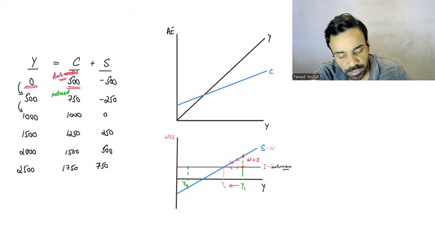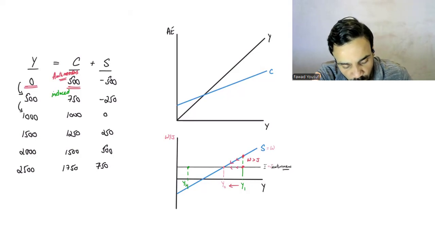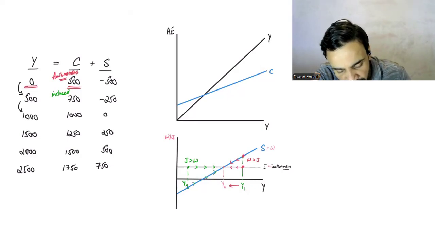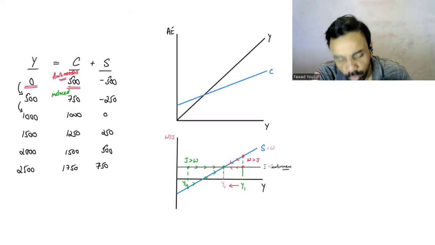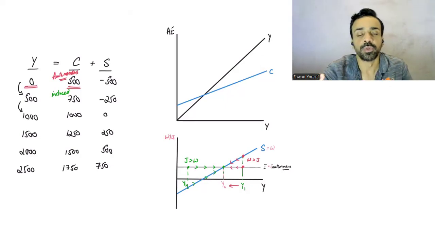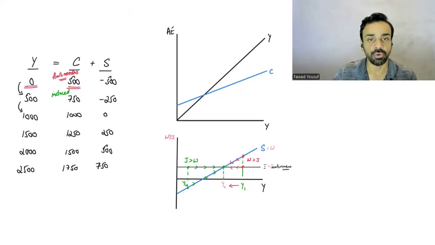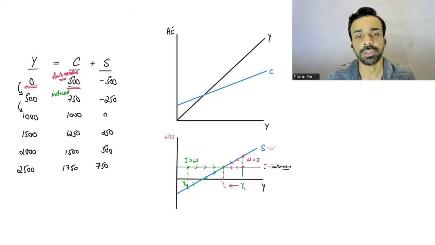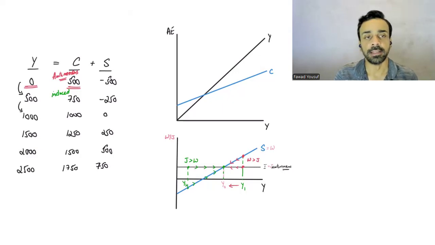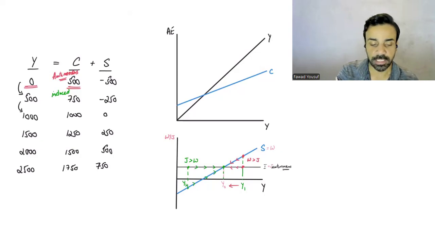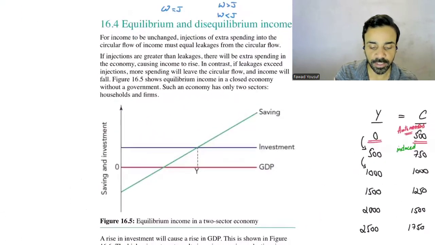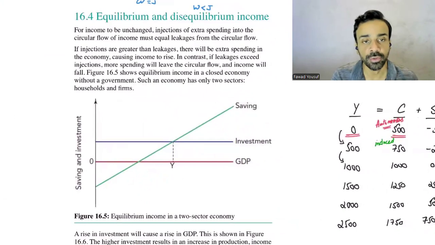On the other hand, when you are at Y2, the injections are greater than withdrawals, so the economy starts to expand until we reach the equilibrium level. So this is how the economy maneuvers around and takes you to the equilibrium, and that's what the disequilibrium is. This is what Bamford is basically referring to.